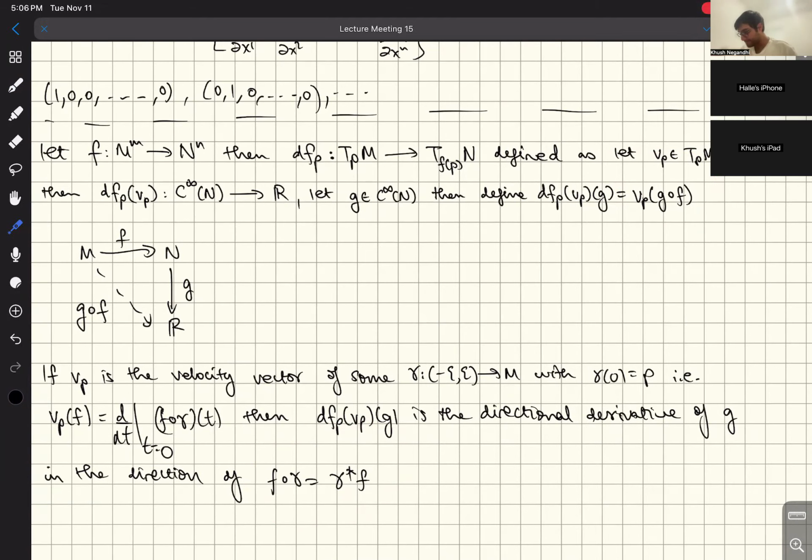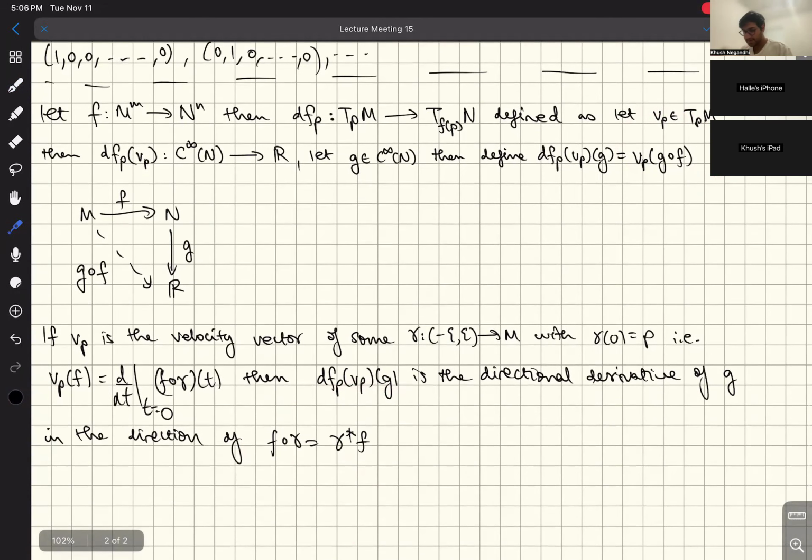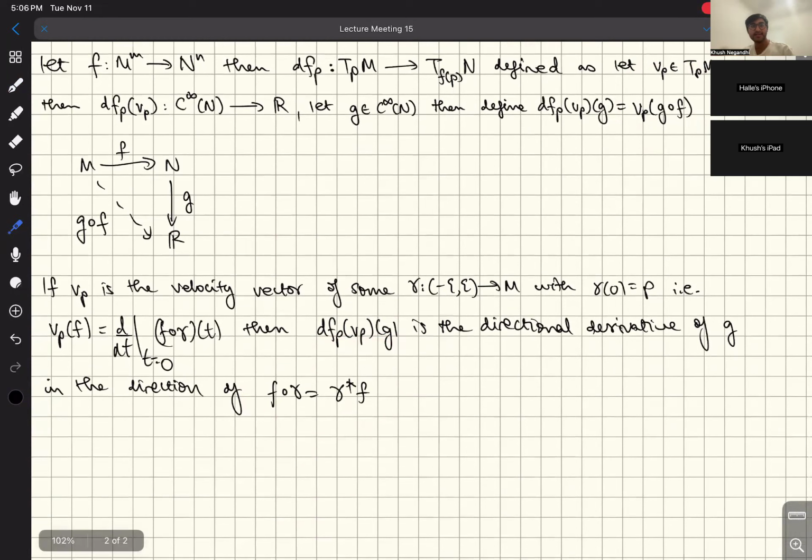Okay, so now we've defined the differential of a map, and I hope that this definition makes sense.